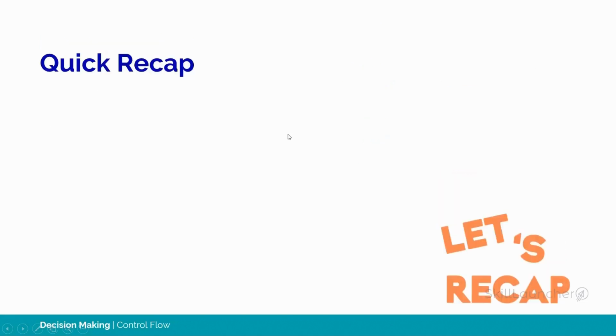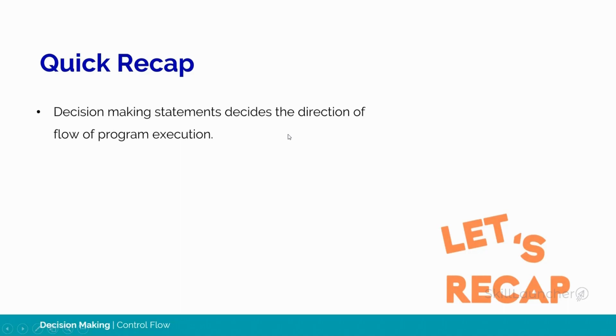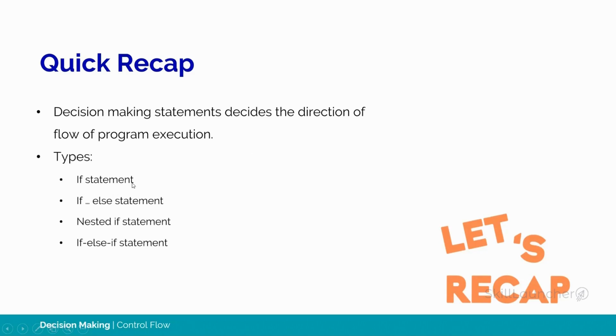Now that we have learned all the types of if statements, let's have a quick recap. Decision-making statements decide the direction of flow of program execution. The types we saw are the if statement, which contains the if keyword followed by a condition and a block of code. Then comes the if-else statement, where if the condition happens to be true, then the if body is executed.